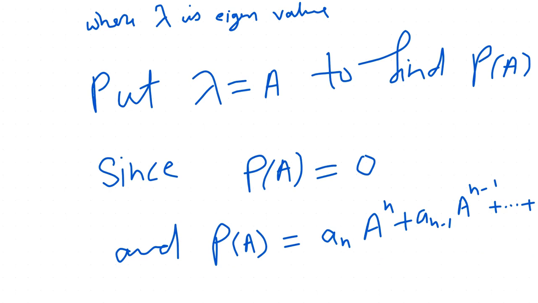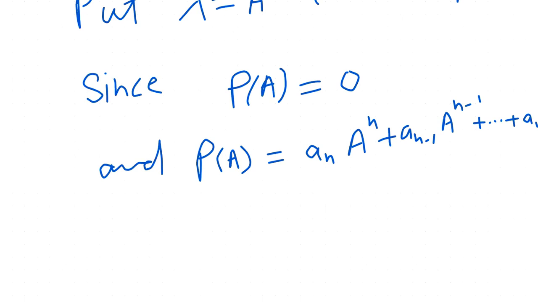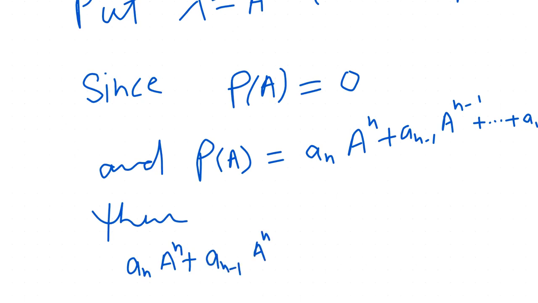Then a_n A to the power n plus a_(n-1) into A to the power n minus 1, plus up to a_1 A plus a_0 into I is equal to 0. So when we take matrix form, this 0 will be the 0 matrix.